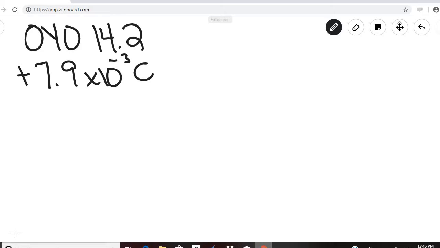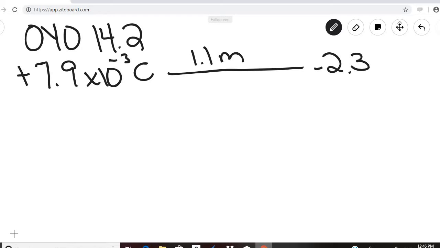And it is placed 1.1 meters away from a negative 2.3 coulomb charge. And this is the stationary charge.